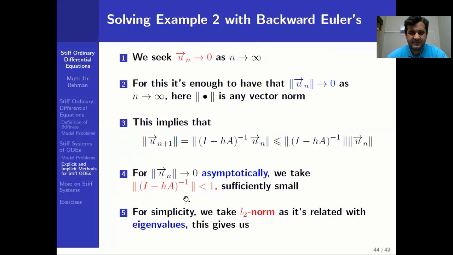Okay, and what does that mean? That means that in order to do that, I can use some vector norm, let's say maybe L2 norm. So for instance, I use L2 norm because it's deeply related with the spectrum of the given matrix actually.